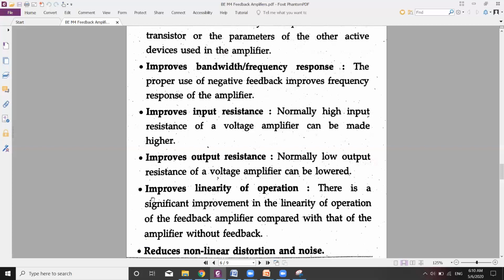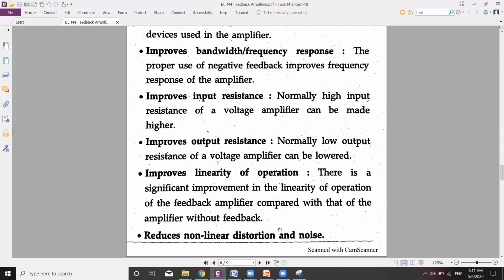The next advantage is that it improves the linearity of operation. There is a significant improvement in the linearity of operation of a feedback amplifier compared to that of an amplifier without feedback. The meaning is that the working of the amplifier is made linear, more linear compared to the one which has no feedback signal.